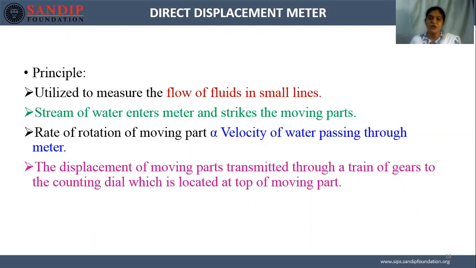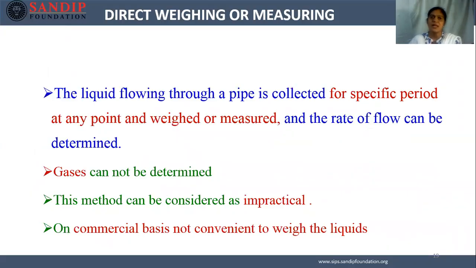The displacement of the moving part is transmitted through a train of gears to the counting dial, which is located at the top of the moving part. So this is all about the direct displacement meter.